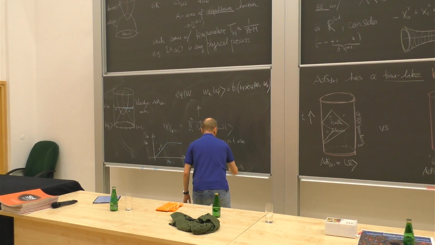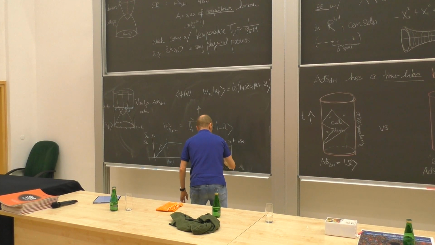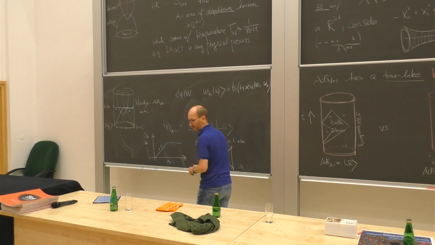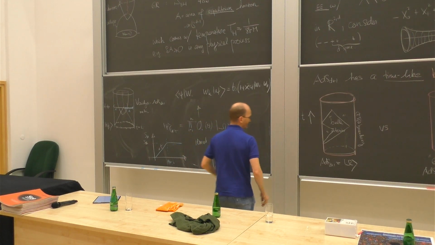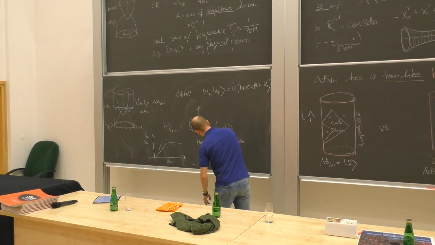This is work that came from Maldacena and Hartman studying a BCFT quench. And basically, you can think of it as coming from a slice that hugs just the interior of the horizon. And this is like an extremal slice of the geometry.